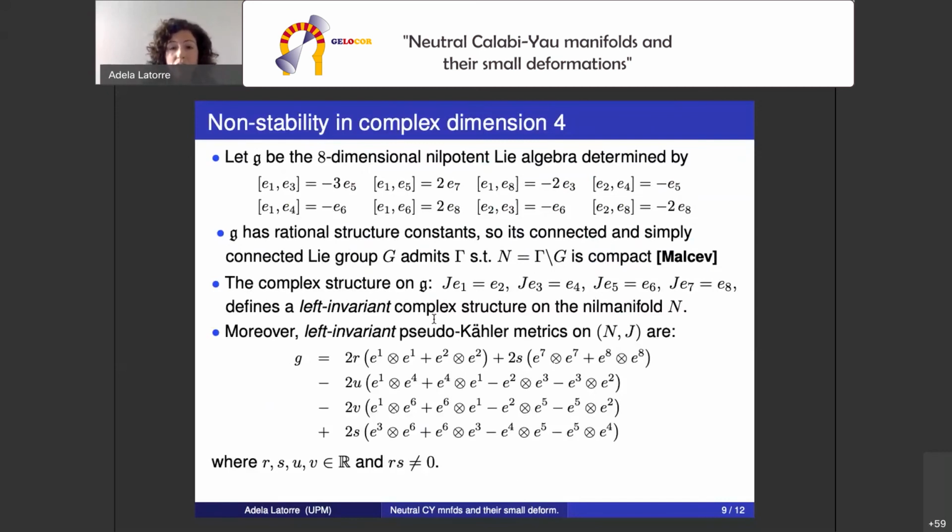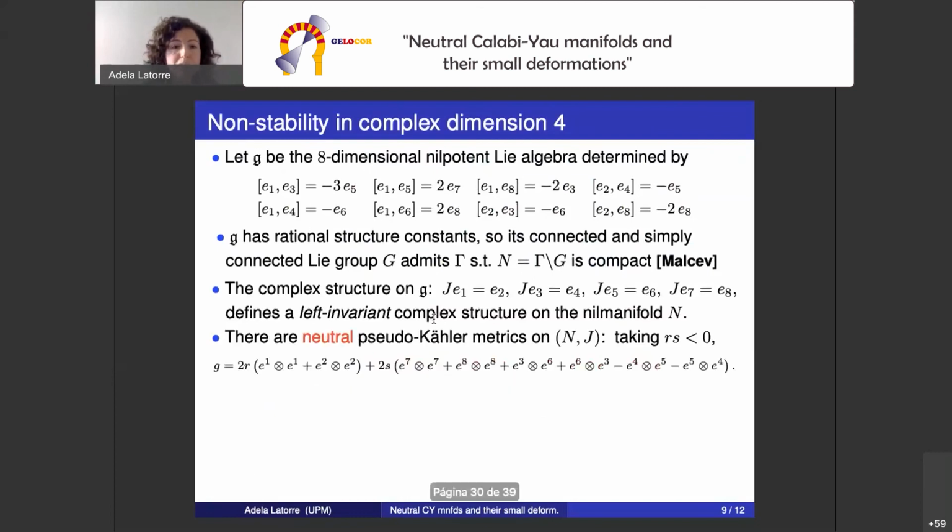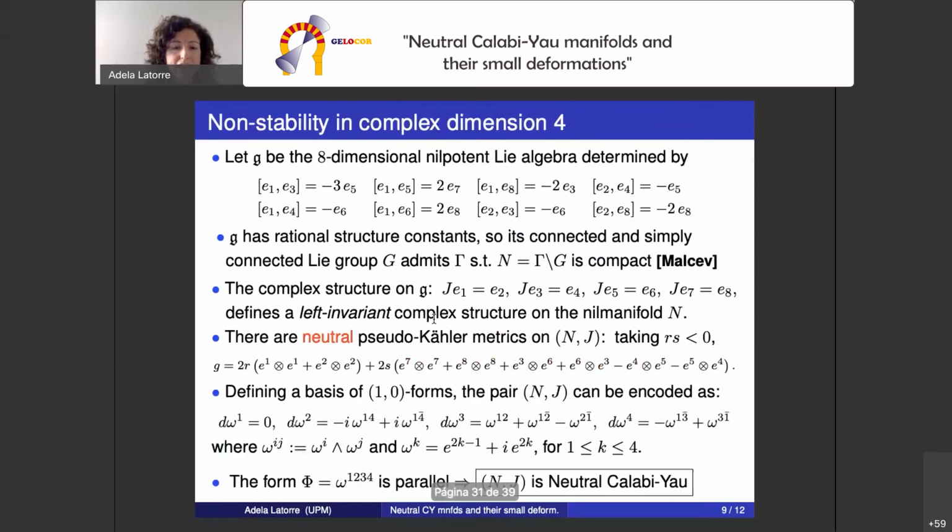But among these pseudo-Kähler metrics, we realized that some of them were neutral. And indeed, the last condition, which was this form being parallel with respect to the Levi-Civita connection, we could also find it. That proves that our manifold was neutral Calabi-Yau.